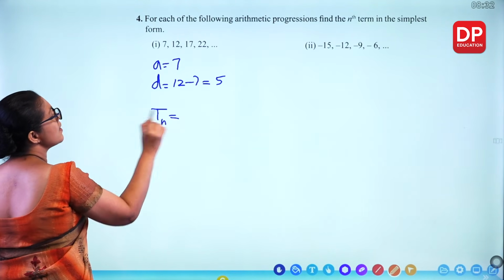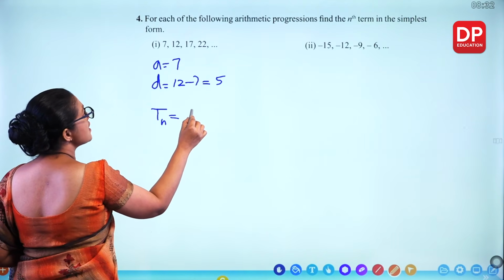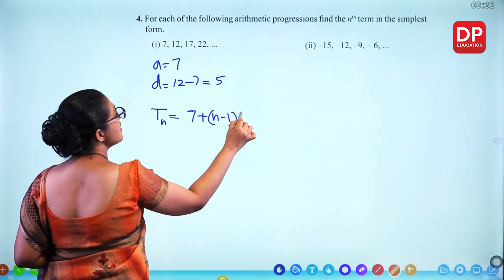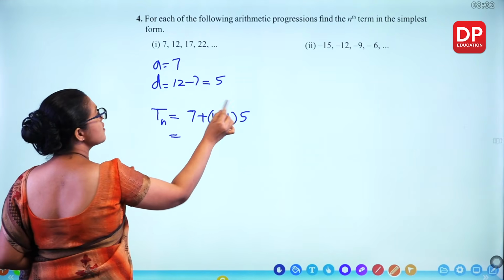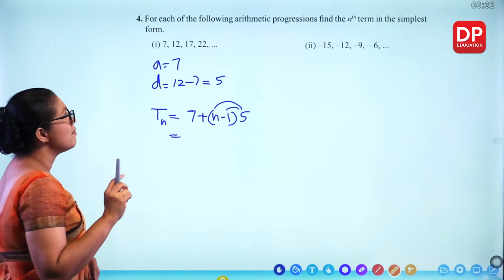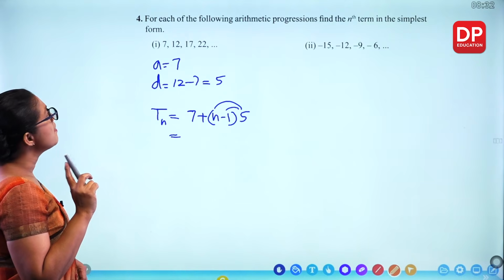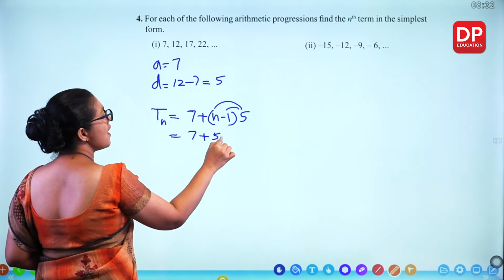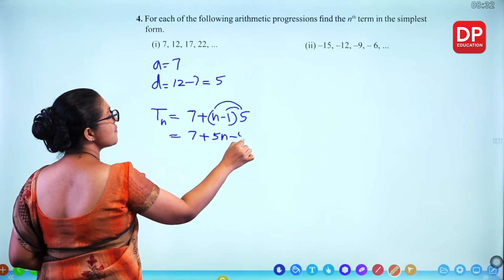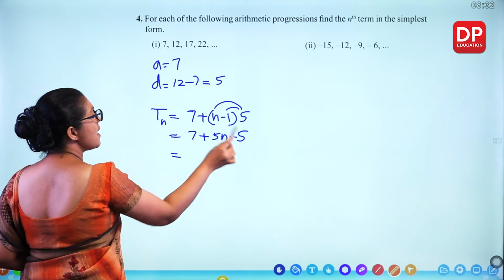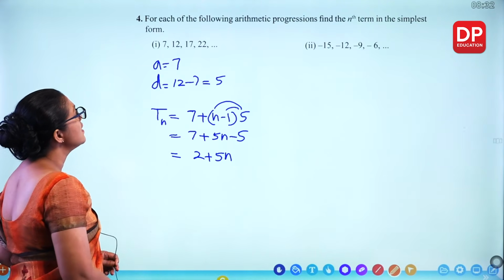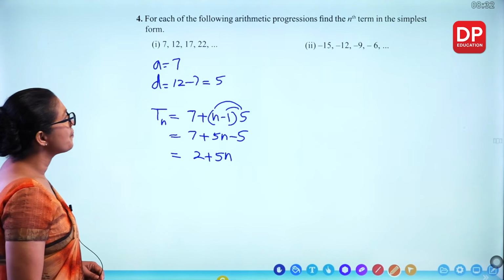Tn equals first term plus n minus 1 d. Now you have to expand brackets and simplify because it says in the simplest form. So 7 plus 5 times n, 5n minus 5. So 7 minus 5 is 2. 2 plus 5n is the simplest form.